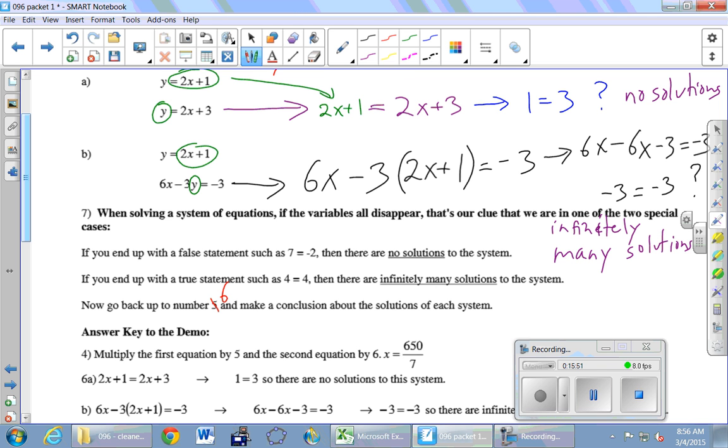Okay. So those are the two special cases. Yes, so in part B, the picture was the same line twice, right? And we confirmed it without drawing any pictures. So this is the algebraic way to know when we are parallel, when we are the same line twice. Questions on that?